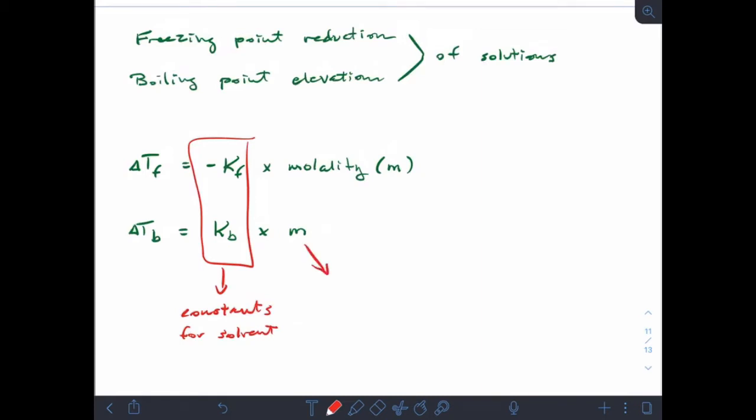And molality is moles of solute per kilogram of solvent. Different from molarity. Remember, molarity is moles of solute per liter of solution. Molality separates the two, moles of solute versus kilograms of solvent.